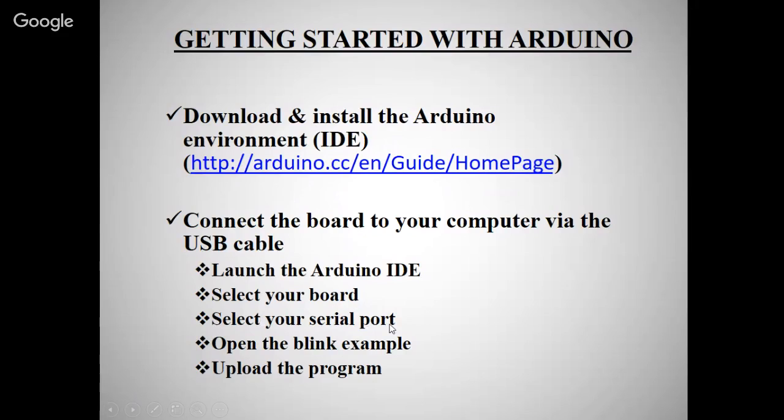Then select the serial port, COM port 5, COM port 6, on which you have connected your Arduino. Open the blink example. I have explained earlier that you have to start from the blink example. When the blink example is running properly, then you can use other programs for other purposes and upload the program.